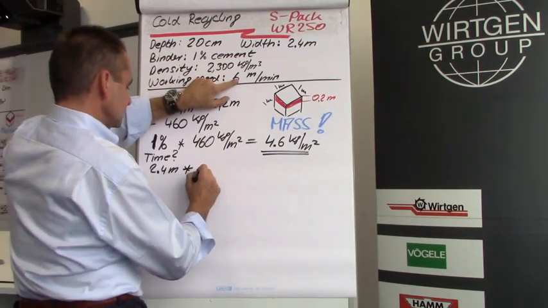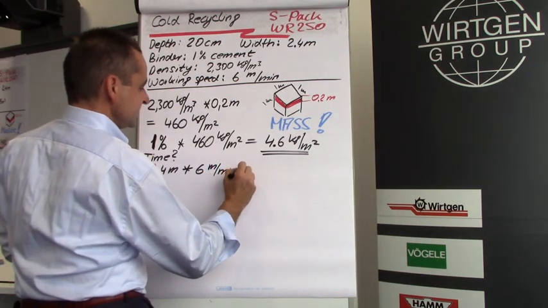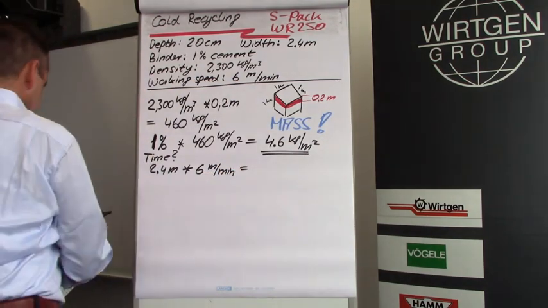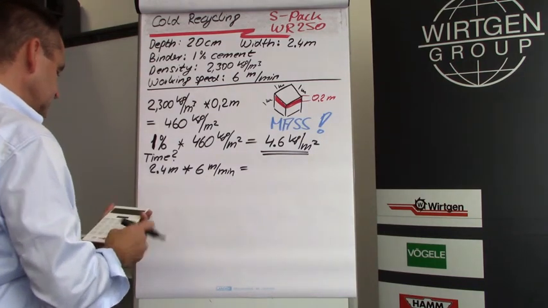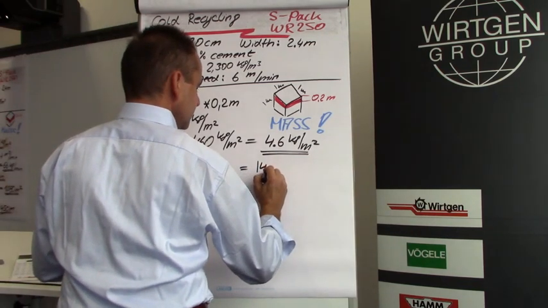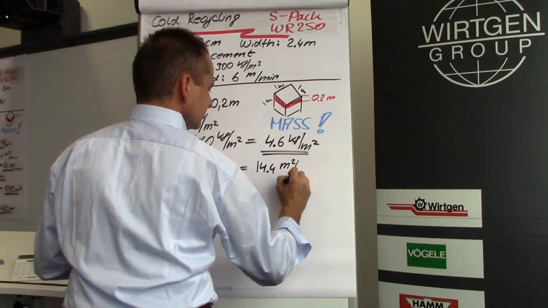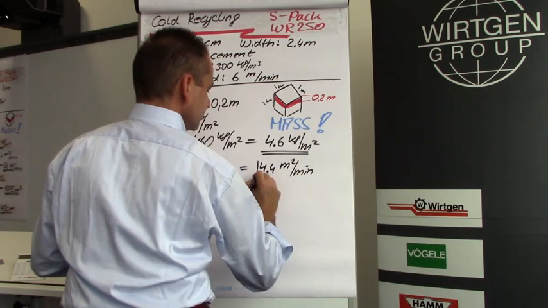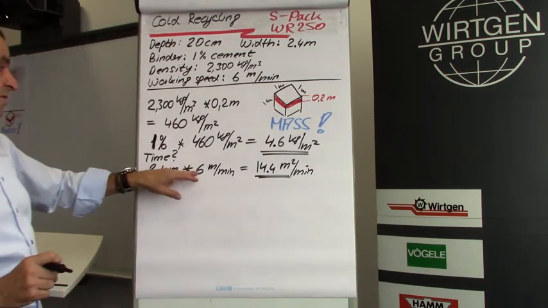It's working with 6 meter per minute. This equals very quickly 2.4 times 6. So every minute this machine will do 14.4 square meter. This is what the WR250 is doing now.